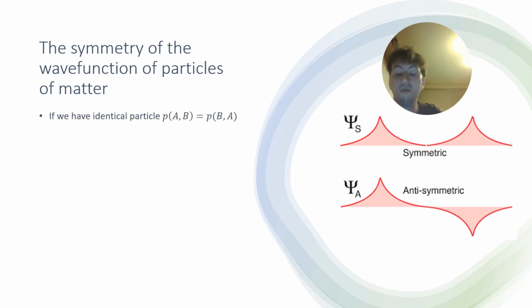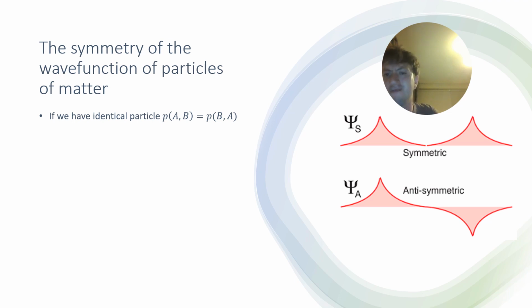So we start off thinking about a system of a pair of identical particles, and I'm calling these particles A and B. Now, clearly if they're identical, if we exchange their positions, it's not going to do anything to the overall probabilities associated with that system because they're identical.